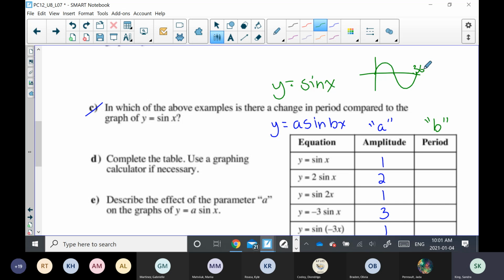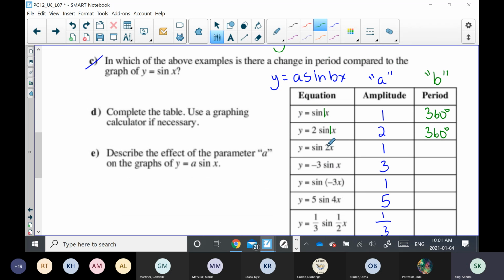So what's the period of a sine graph? It is 360 degrees. The period of a sine graph is 360 degrees. This B value is 1, so the period is 360 degrees. This B value is 1. The period is 360 degrees.